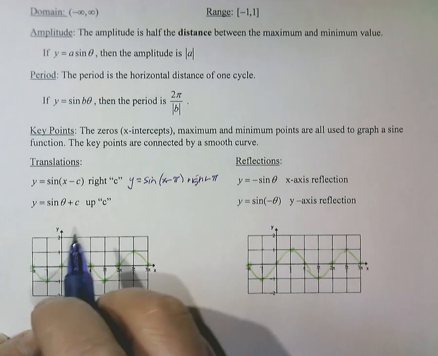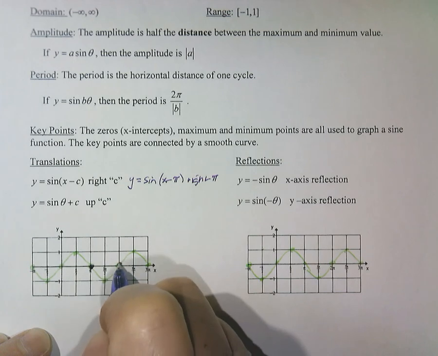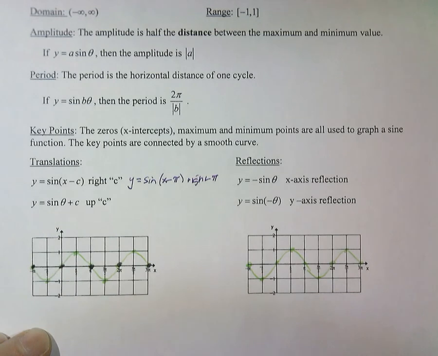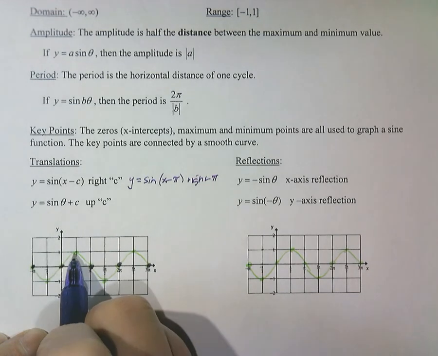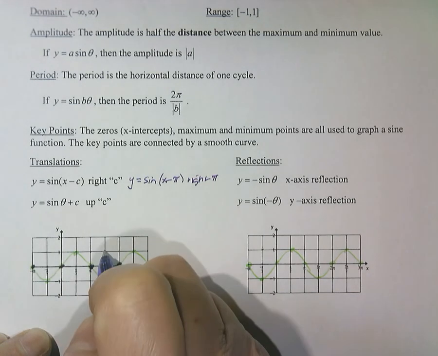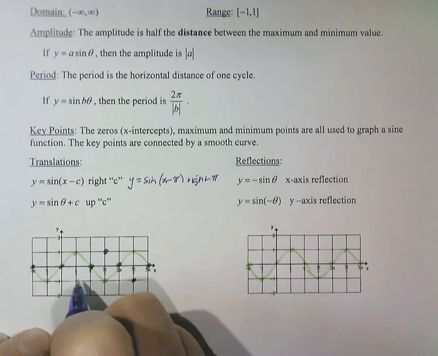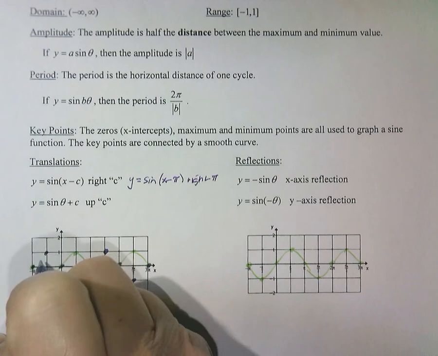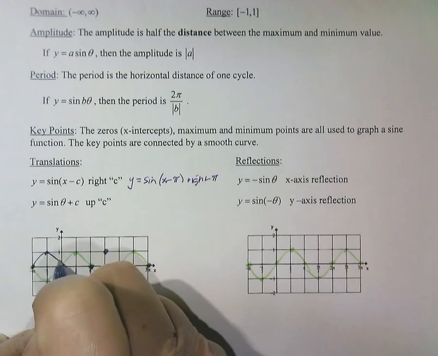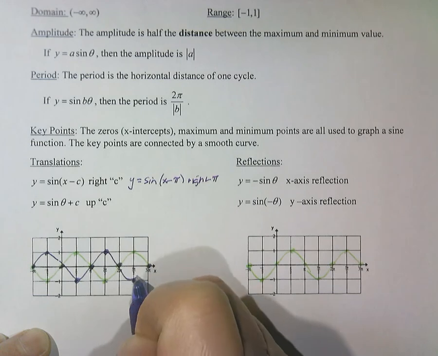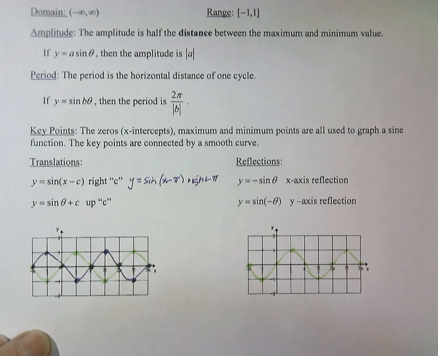So if I move that right pi, and I move everything right pi, I'm going to end right up on itself. If I take this maximum and move it right pi, it goes here. This minimum and move it right pi, it goes here. So this pattern then continues. And it looks like that.